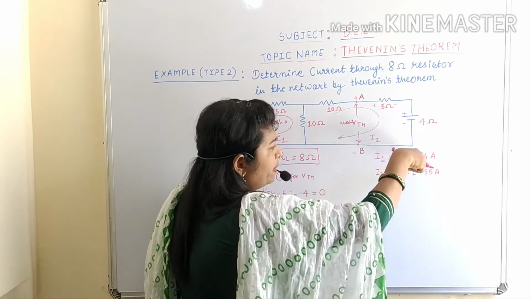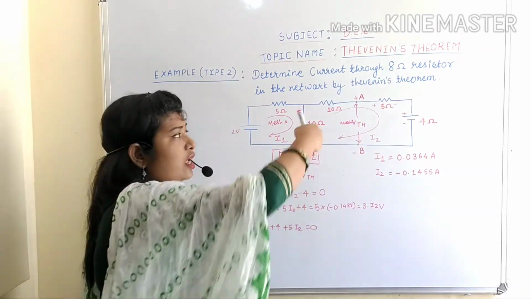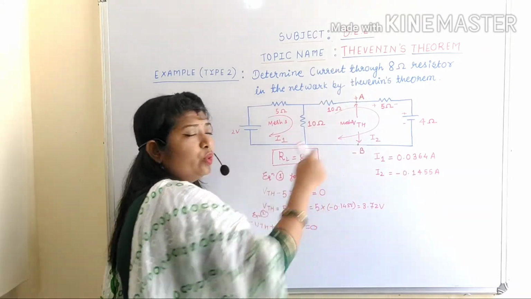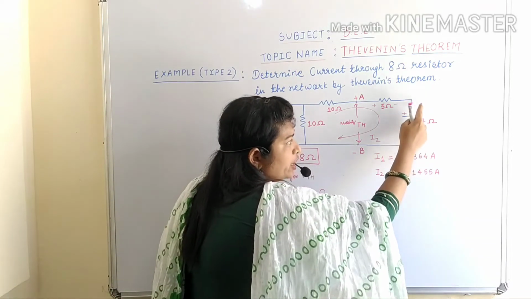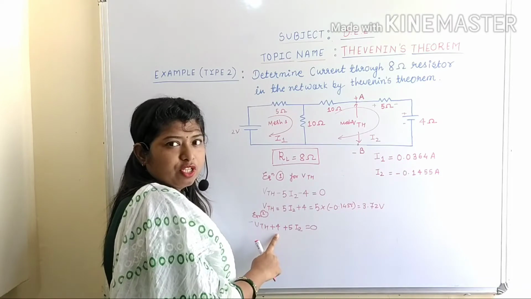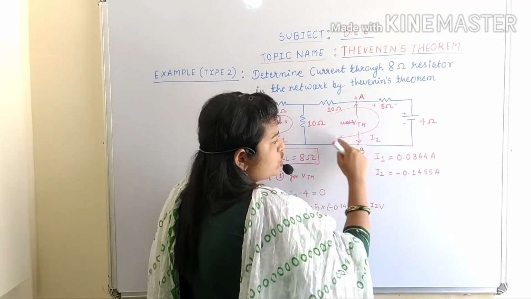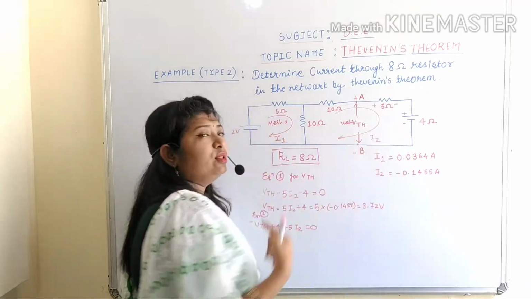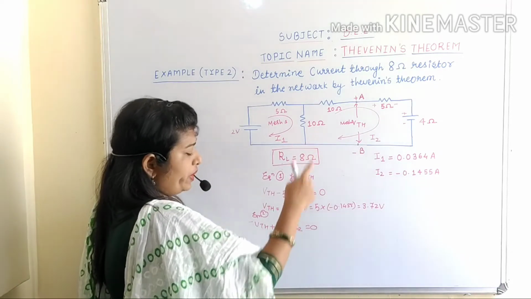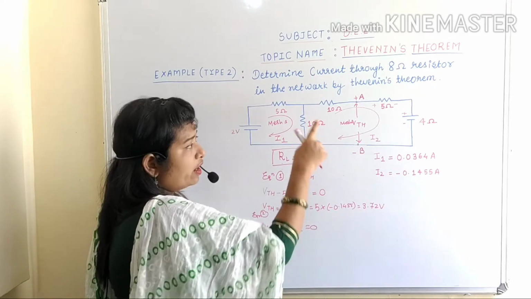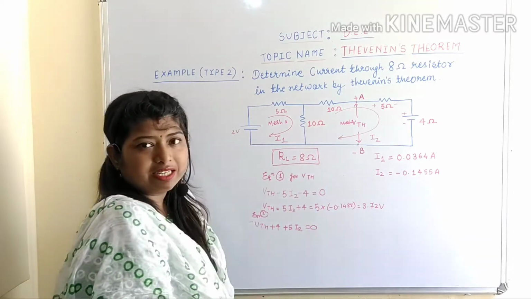If you are going to apply KVL in this direction, if you go from positive to negative, the EMF is negative. If you go from negative to positive, EMF is positive. If the direction of the current and the polarity assigned to the resistor are in opposite direction, the voltage would be equal to 8 into the current flowing through that particular resistor, which is I2.